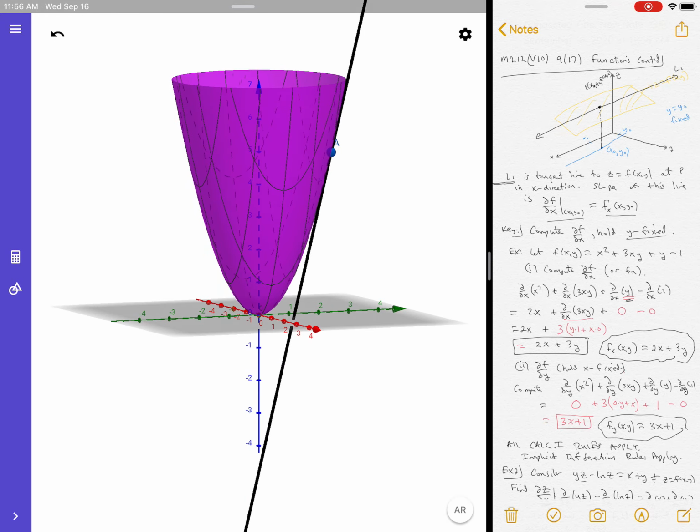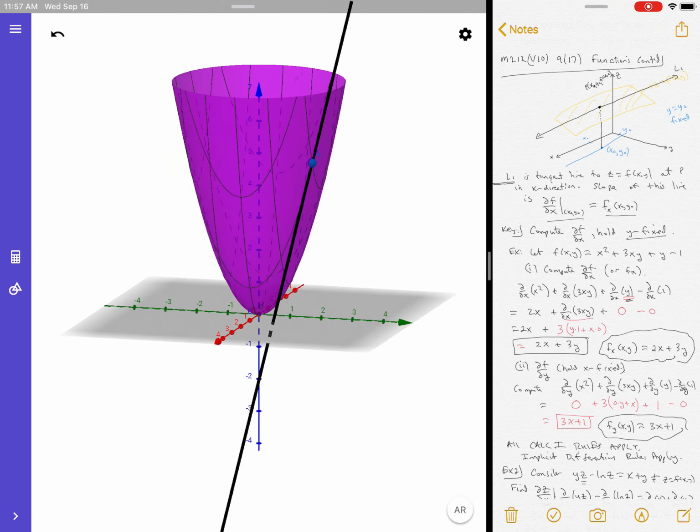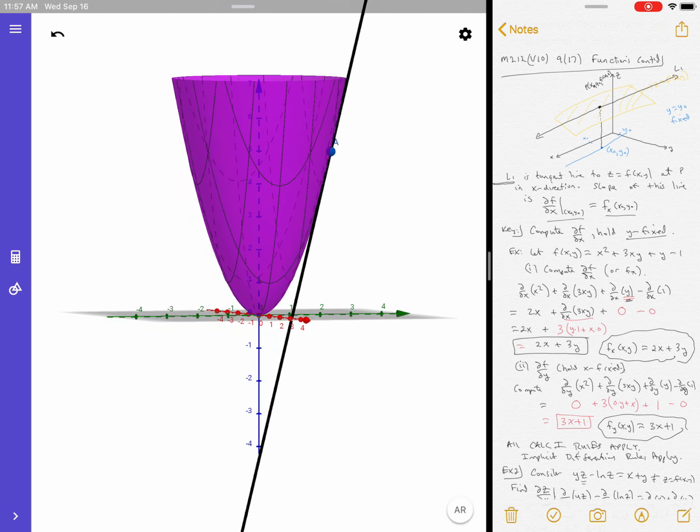So there's our tangent line to the point (1, 2, 5) on this surface. And it all worked out beautifully. You can see it only touches in one point there. So, all right, a few hiccups, but getting better.